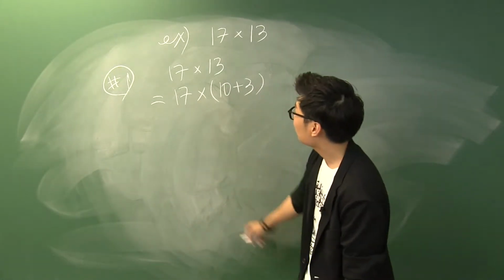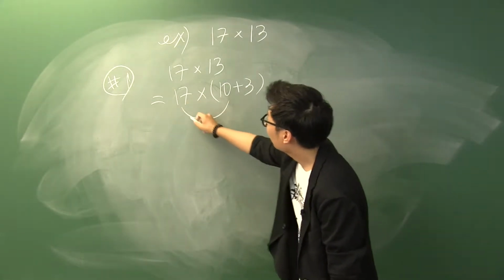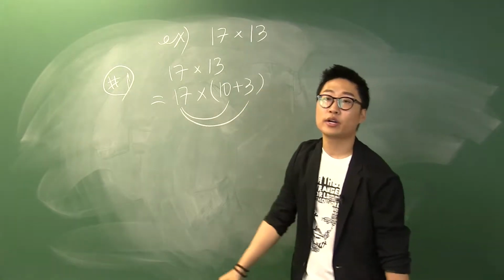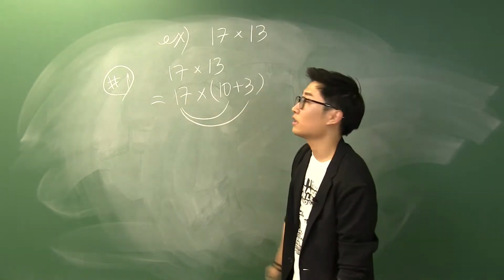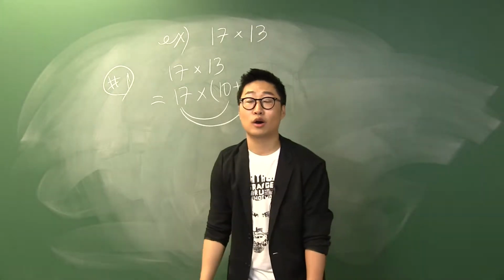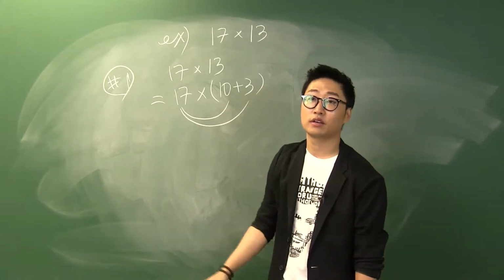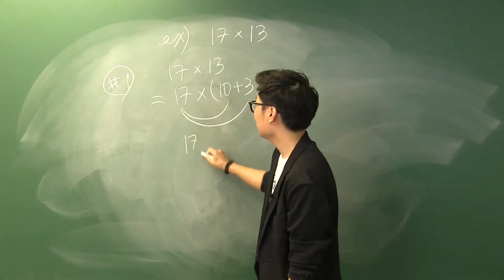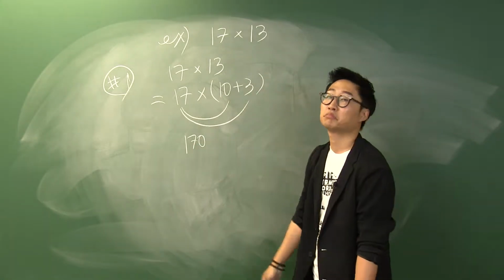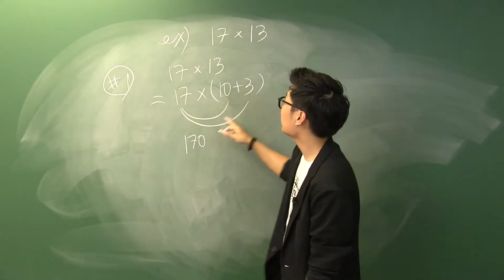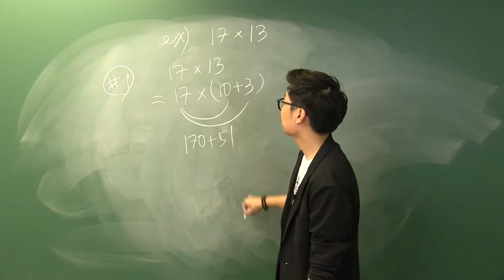So multiply this, and then multiply this, and then we add them. 17 times 10, can people do that quickly? I hope so, because that's 170. It's just 17 with a 0 next to it. Okay. 17 times 3, that's 51.